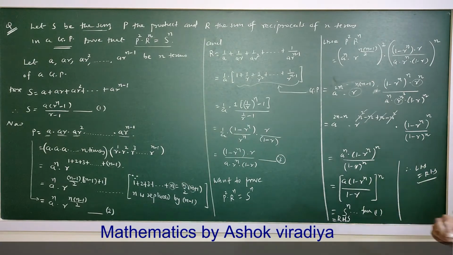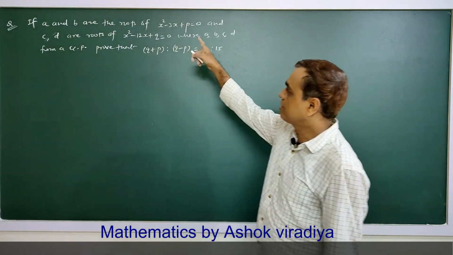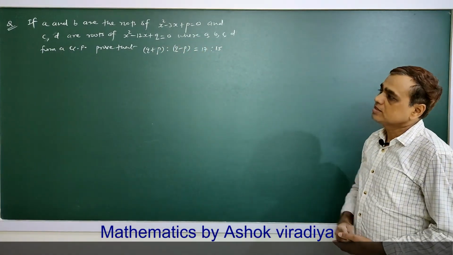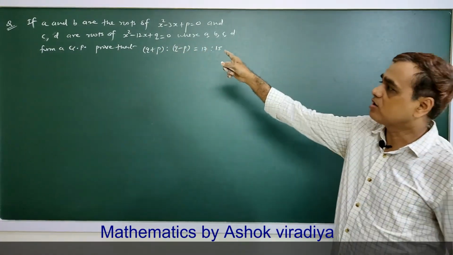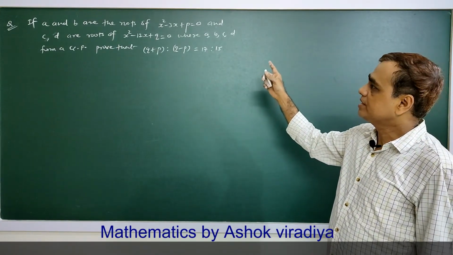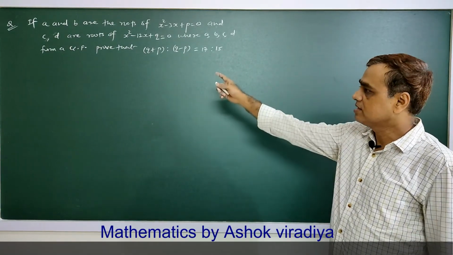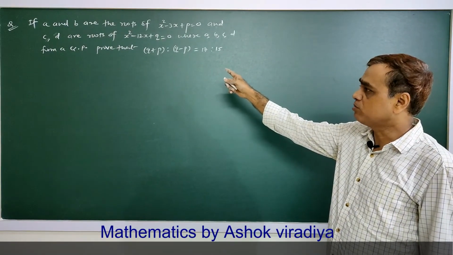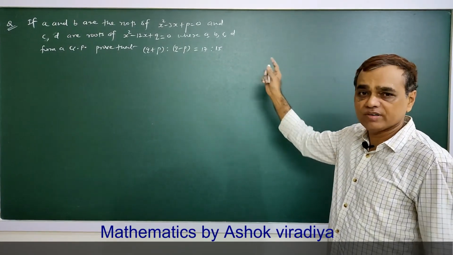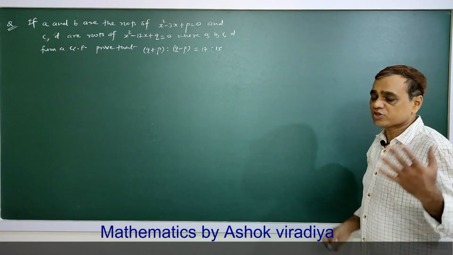Result is proved. If A and B are roots of a quadratic equation, C and D are roots of another quadratic equation, where A, B, C, D form a GP, prove that Q plus P is to Q minus P is 17 is to 15. See, we know a rule of a quadratic equation.